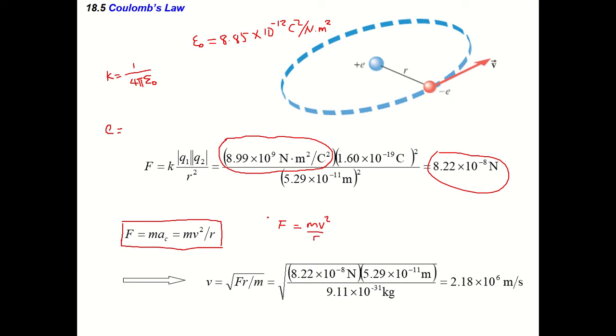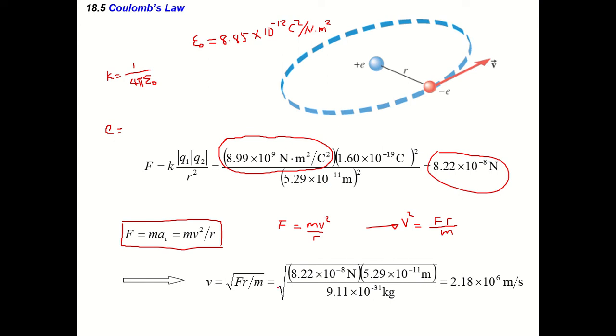Then cross multiply r and divide by m, so v squared is equal to F times r, divided by m. After that, take the square root on both sides, and you get this. So you have all the information that you need: F, and then r, the radius, which is also given.